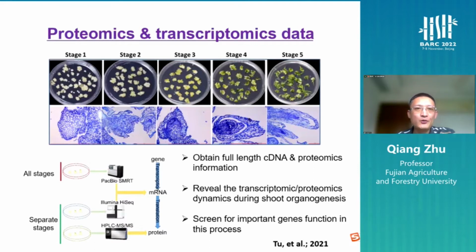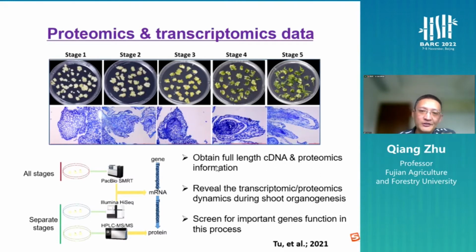We use the materials of the whole regeneration process, including the callus and the regenerated plant, and performed the PacBio SMRT sequencing, as well as HPLC plus mass spectrum analysis for the proteomics analysis.